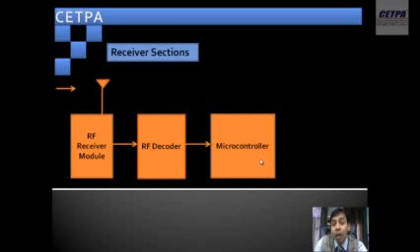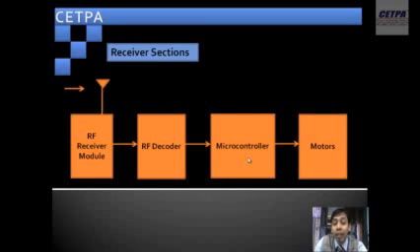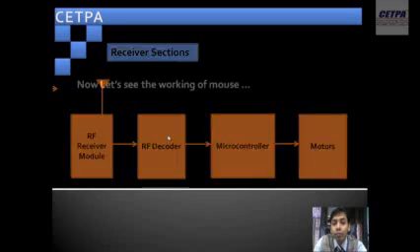This microcontroller is programmed such that if any code is received, it will control the motor according to the switches pressed. If we press W, the robo mouse will move forward. If we press S, the robo mouse will come backward. And accordingly A or D. If we press space, the robo mouse will stop.